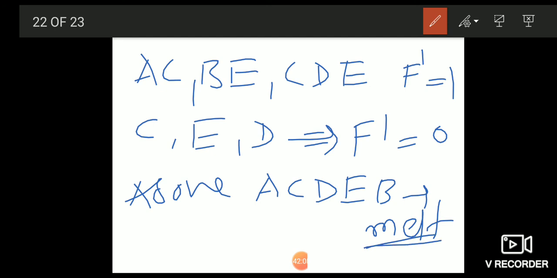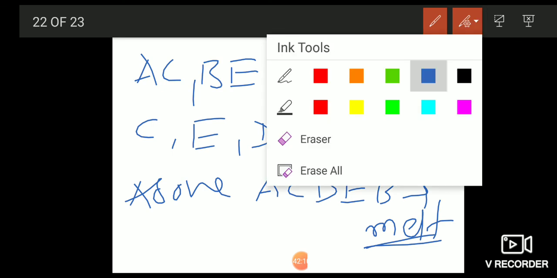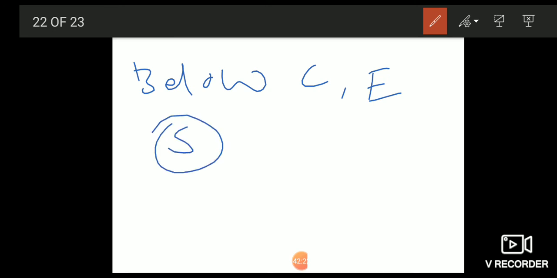And below the point C and below the point E, everything is present in solid state. That is, eutectic solid plus separate metal solid. Two solids are present.